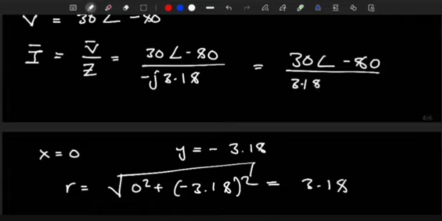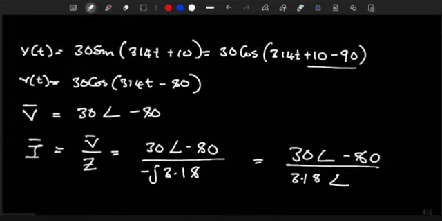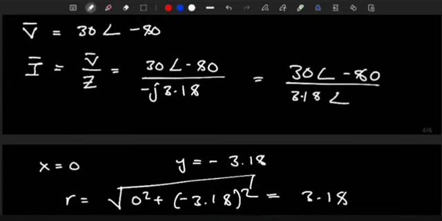Next, how about the angle? Sorry, the voltage does have a minus 80 there. At this point, you can check where your answer is going to be, because the magnitudes of the peak values just divide.